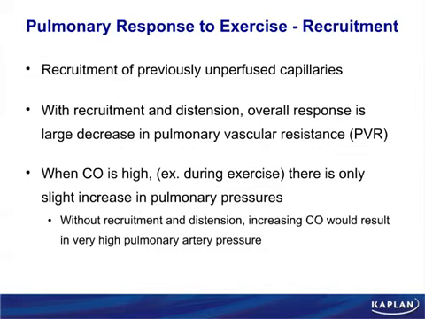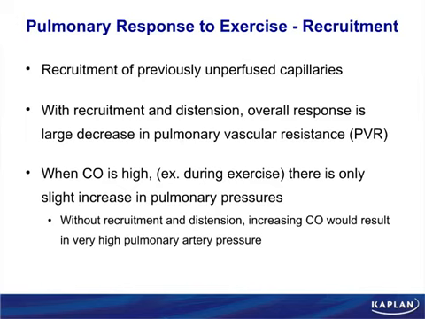Now, if we didn't have this recruitment and distension, then think about it. Cardiac output goes up 5-fold, then pulmonary artery pressure would go up 5-fold. And we don't want a pulmonary artery pressure like that. And these elite endurance athletes, as I indicated, 8-fold, we certainly can't handle an 8-fold increase in pulmonary artery pressure. That's pulmonary edema.